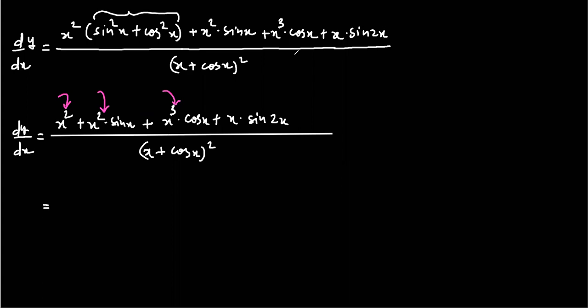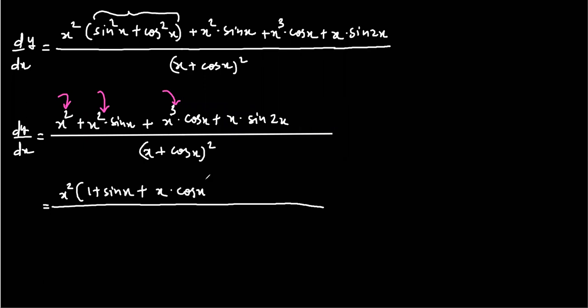So if I am taking x square common from the first three terms, I get x square common, so I get 1 plus sine x plus x cos x. Okay, and the last term I write as it is, x sine 2x, and denominator here I get is x plus cos x the whole square. This is my final answer. I don't think we'll be able to do anything more after this.